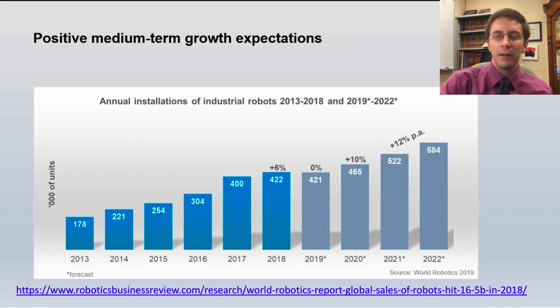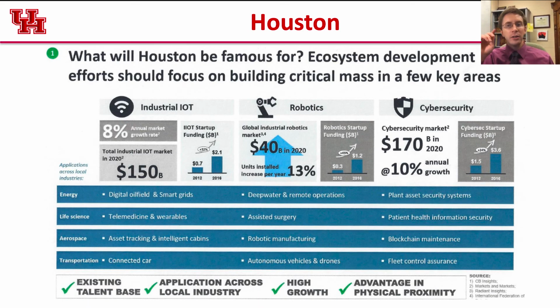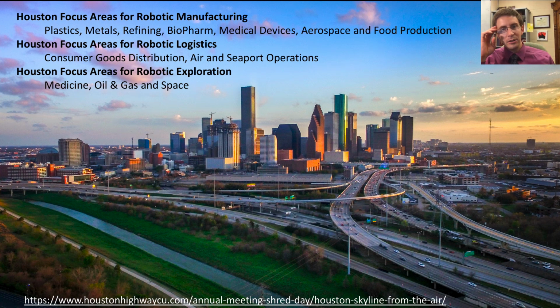To go a little bit closer to home, Houston has identified robotics as one of the top 3 growth areas, which is good for those of you who are local and in Houston. And here are just a few ideas of where the growth will be in robotics. We are a manufacturing hub, but that's going to go everywhere from plastics to medical devices to food production.